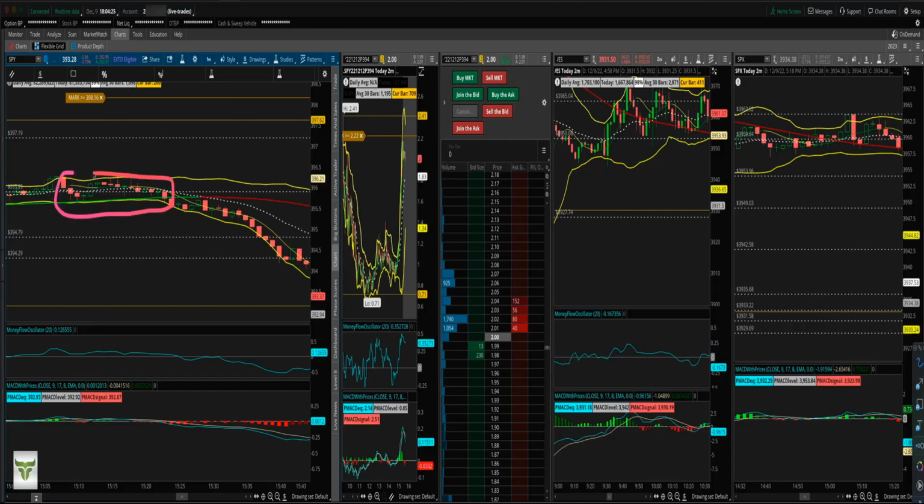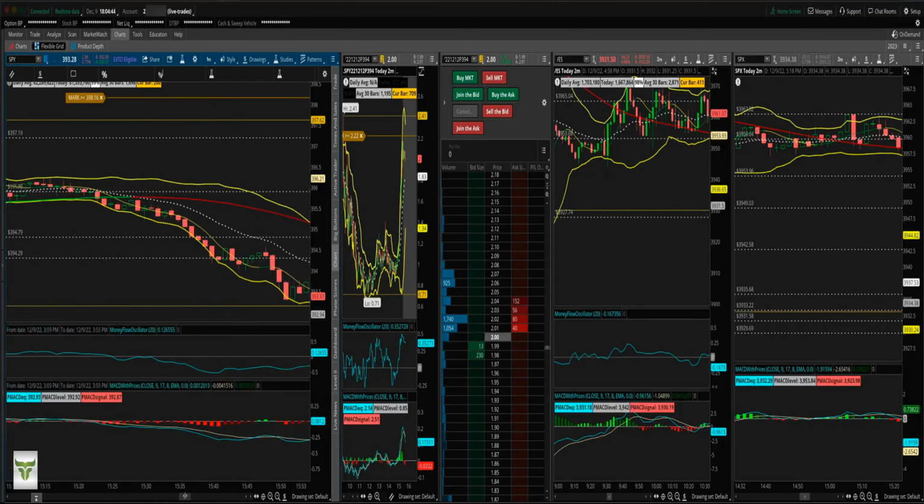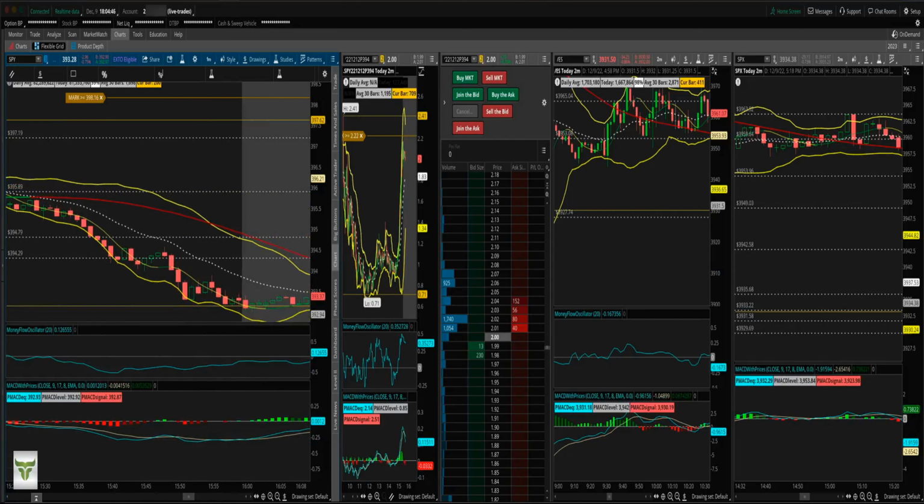This is all consolidation right here. This is mid-level consolidation, right? And then you get that movement right here. And then now you start to get the escalator to the downside. Severe sell side activity.